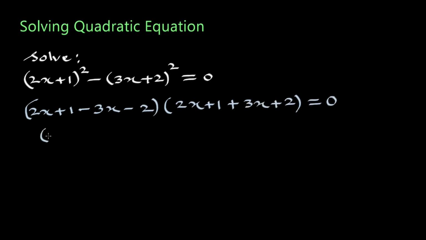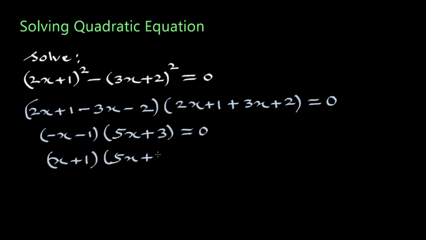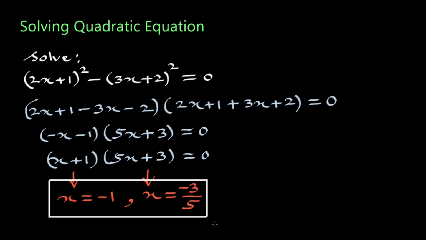This will be (minus x minus 1) into (5x plus 3) equals 0, which will be (x plus 1) into (5x plus 3) equals 0. First factor gives us x equals minus 1, and the second factor x equals minus 3 upon 5. So these are 2 roots of this quadratic equation.